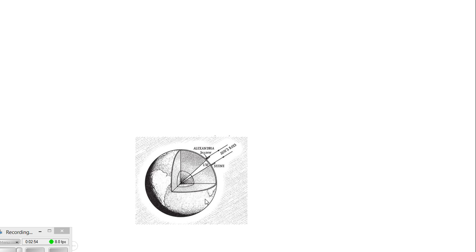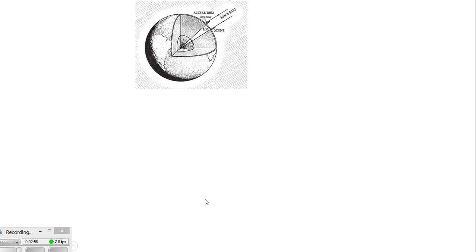We know, in fact, it was known some time ago from Eratosthenes, who figured out, more or less doing the same thing, using this angle, what the Earth's radius was, way back a couple centuries BC.